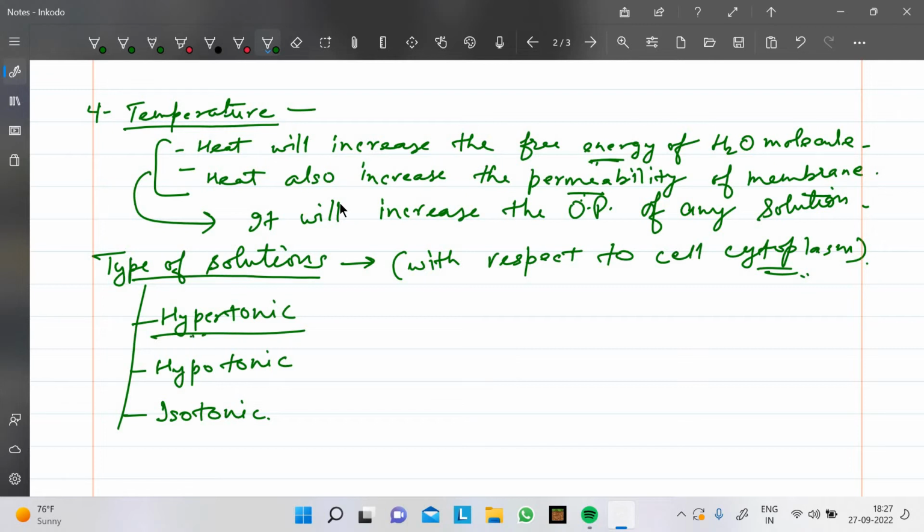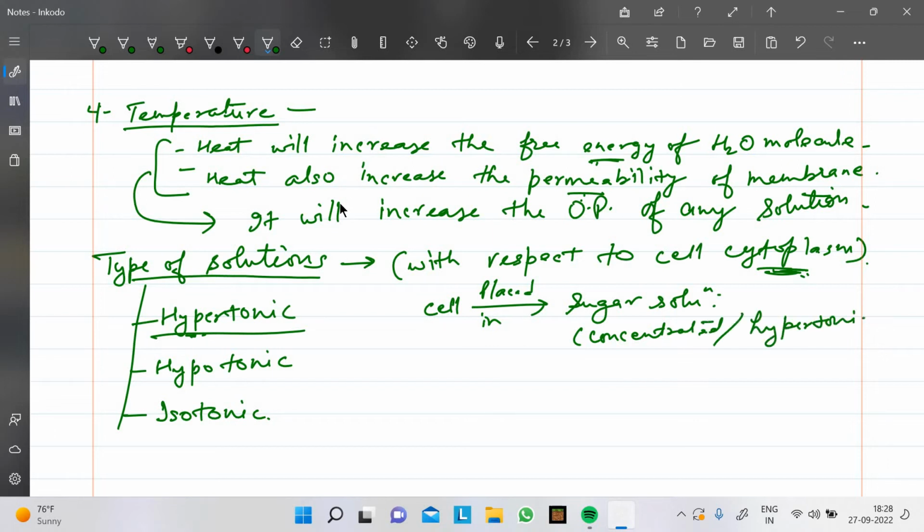So a solution whose concentration is higher in comparison to the cell cytoplasm is called a hypertonic solution. For example, a cell placed in sugar solution. What is the sugar solution? Concentrated, and we can say hypertonic. And the cell cytoplasm, we call it hypotonic.